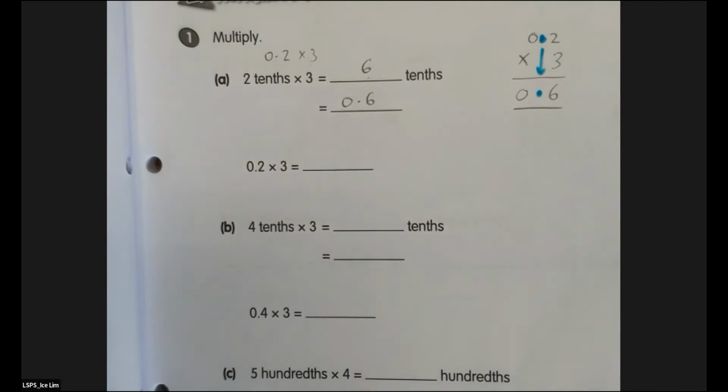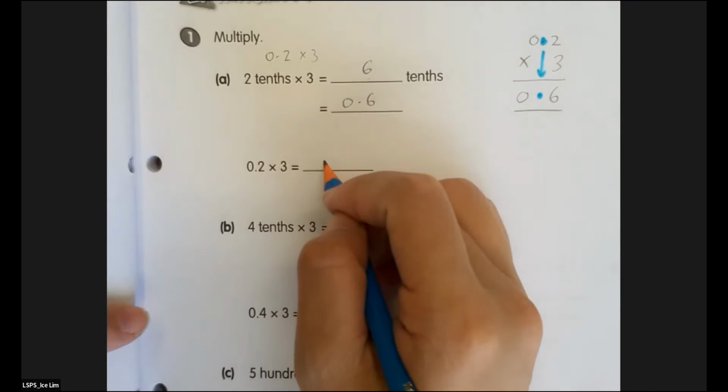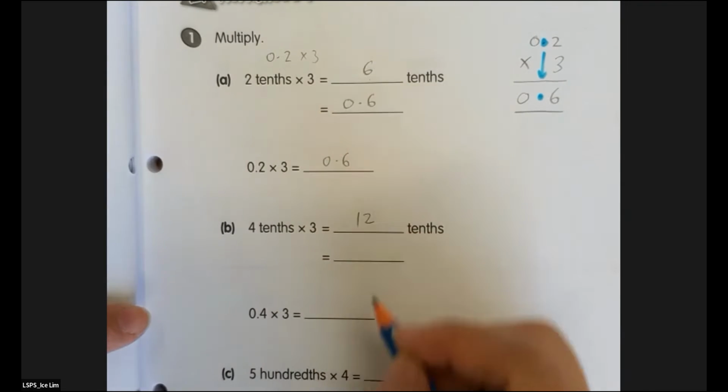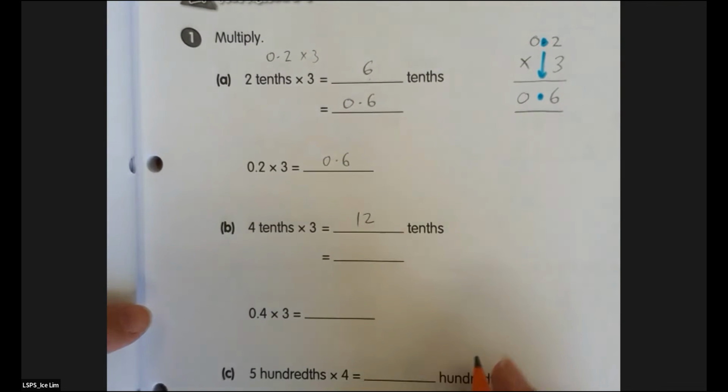Your decimal point must be very clear. So 0.2 times 3 is 0.6. Then 4 tenths times 3 is 12 tenths. Same as facts.